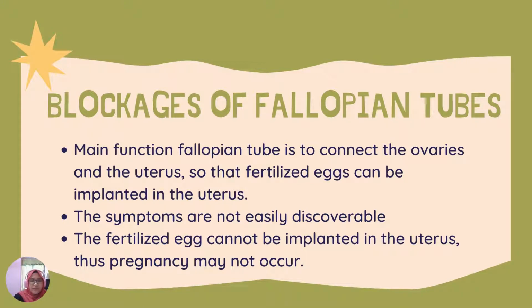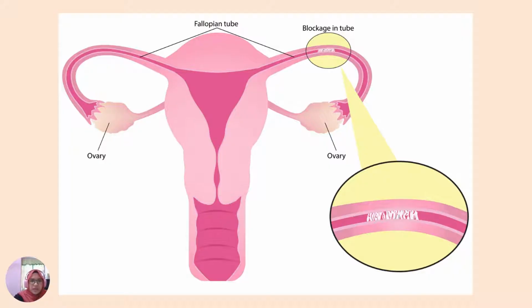But if the person has a blockage in the fallopian tube, the symptoms are not easily discoverable. If there is a blockage in the fallopian tubes, the fertilized egg cannot be implanted in the uterus, so pregnancy may not occur. So this is how a blockage in the fallopian tube will look.